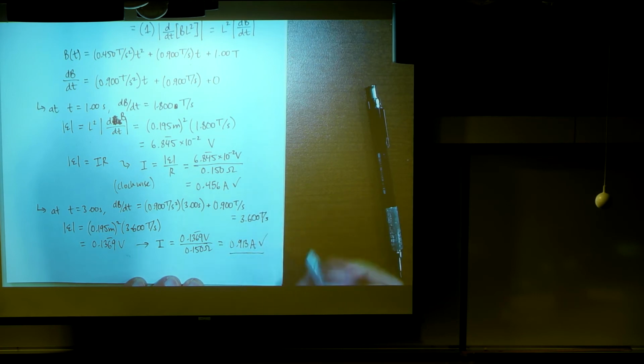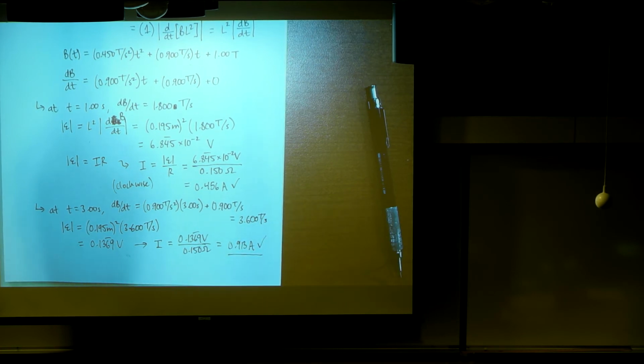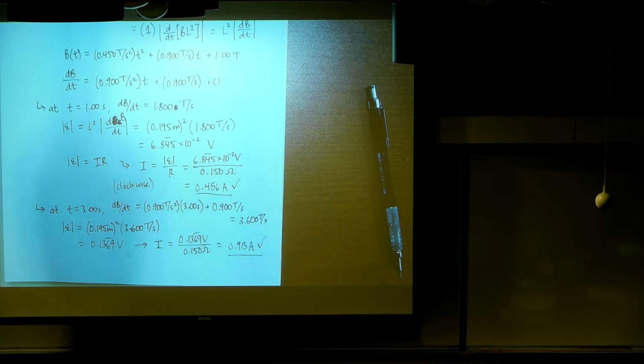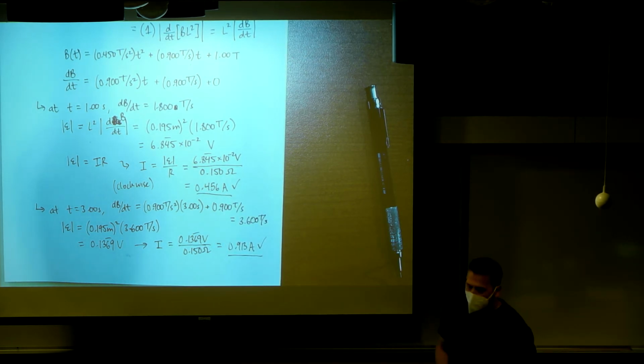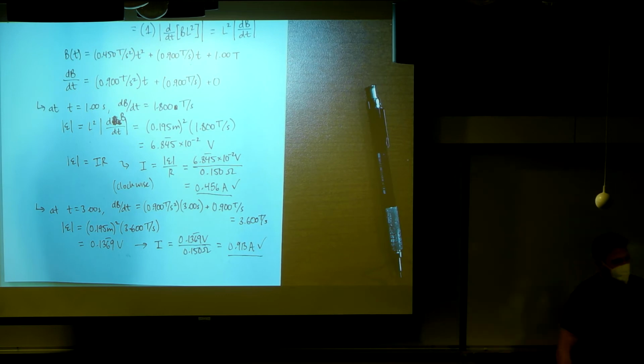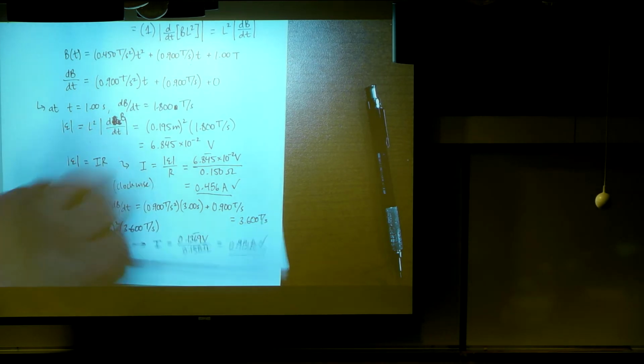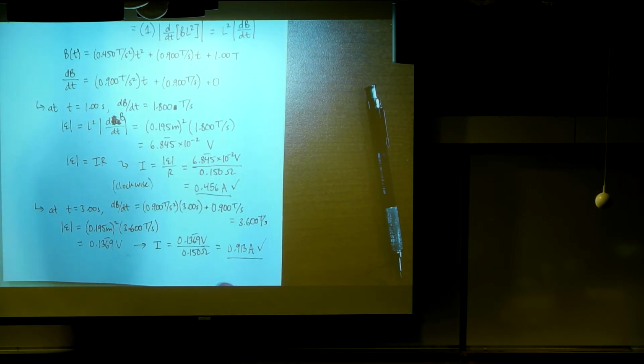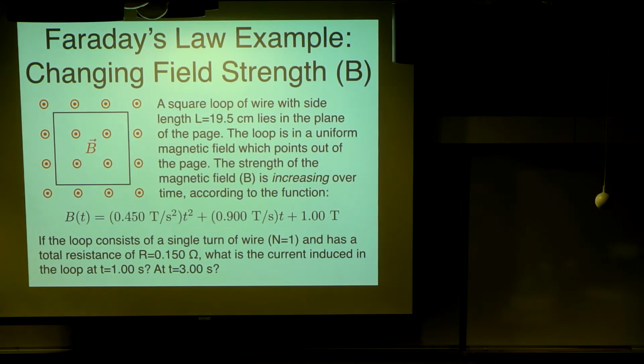Okay, so there is the induced current at 3 seconds, and again, we worked out at 1 second, it's this value. Okay? Any questions on this? All right, we're going to do lots more examples. Pretty much from here until the end of Wednesday is just more stuff like this. So we're going to keep going, okay?